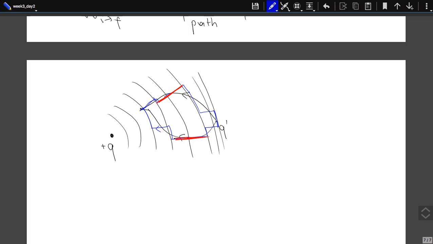These two are radial segments, and there is no work done on the circular paths. So if you sum the radial parts along this one and along the other one, they turn out to be equal. So those are the main steps of the proof. If you are interested in the proof, just review your mechanics course. I will not go into too much detail. Question? Okay. So the electric force is also a conservative force.